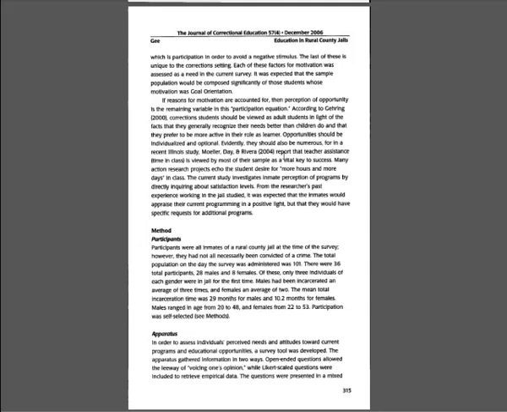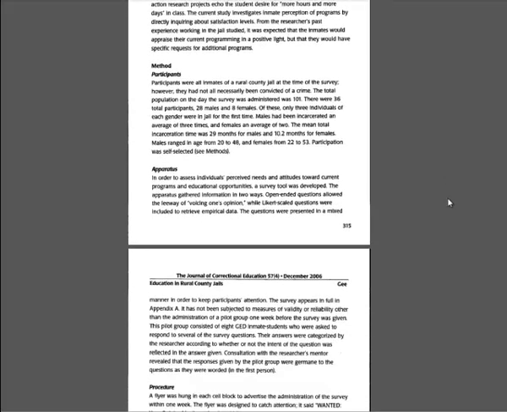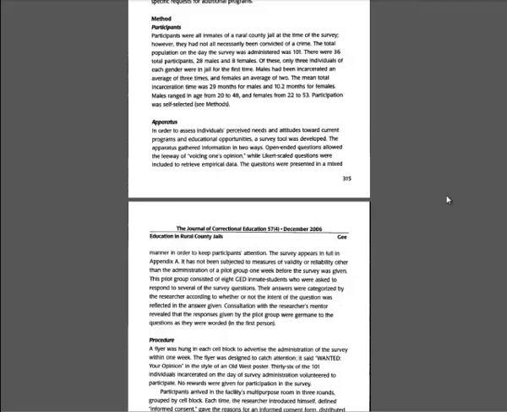So I think this is a pretty good and well written introduction or review of literature. And the nice thing also that's good for you guys is that there's not a lot of theoretical background and theoretical perspective. Very much reader friendly, if you will, particularly compared to some of the other articles that we've looked at this semester. The second section that he talks about is his method section.